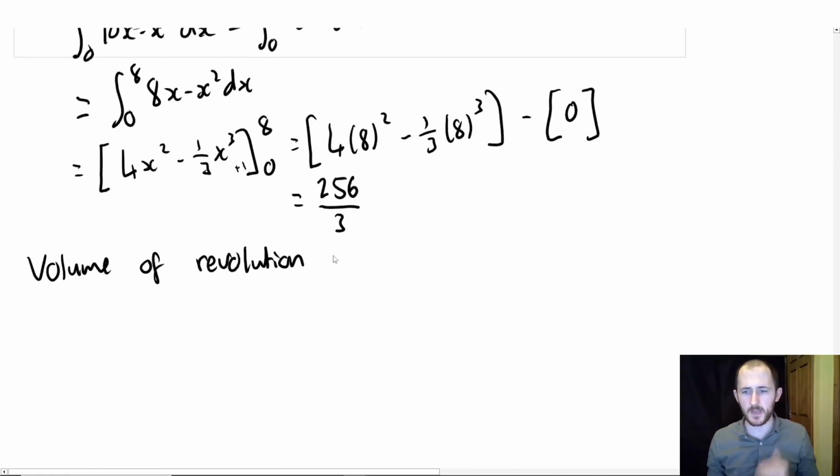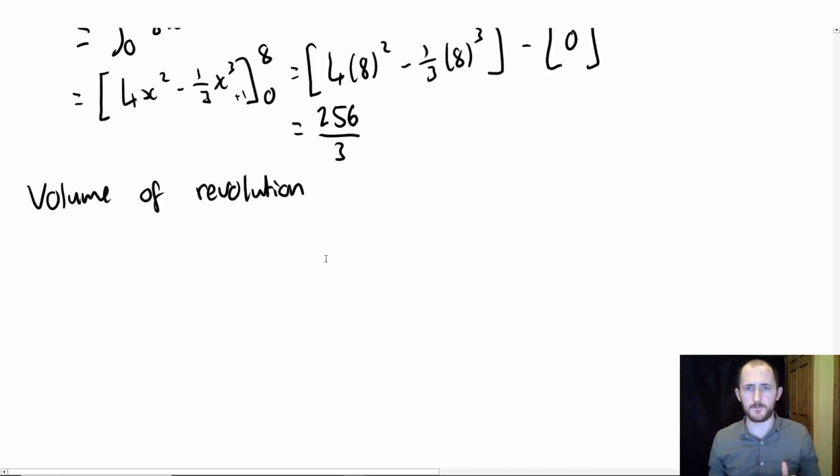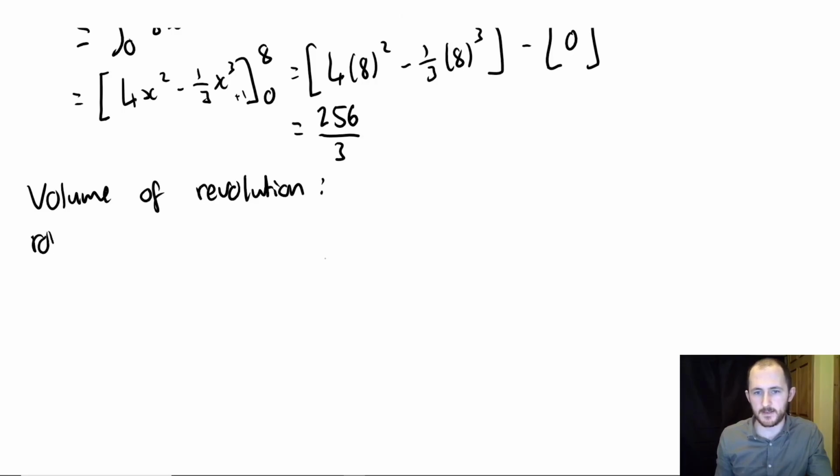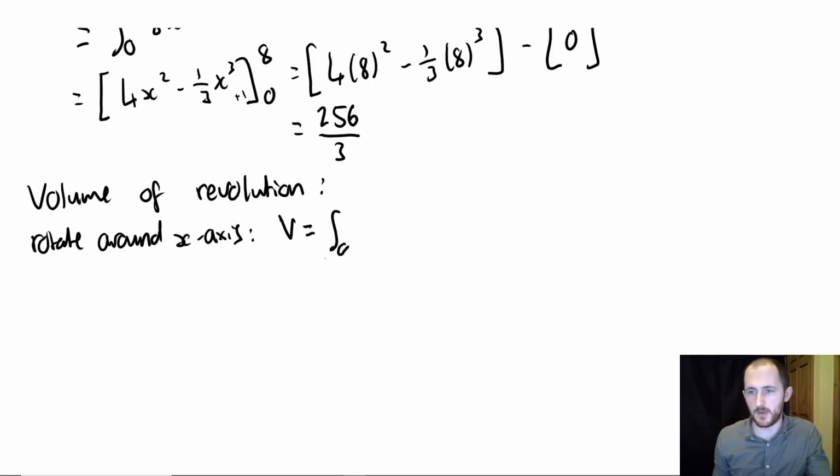That's it. Again, don't worry about the general principle. But the way to do it is, if it's around an x-axis, so if they say rotate around x-axis, the volume is just, again, you have your two limits.